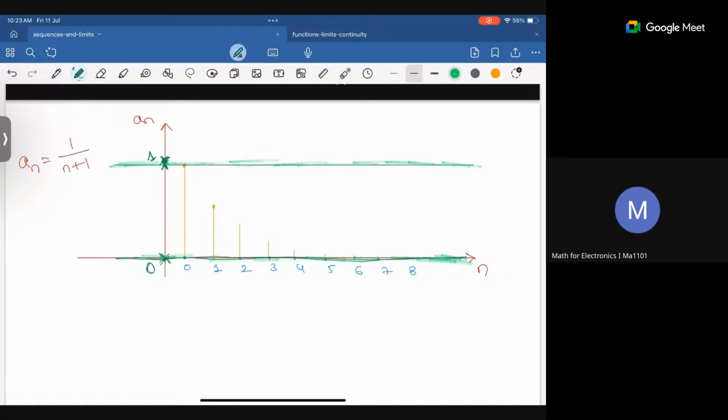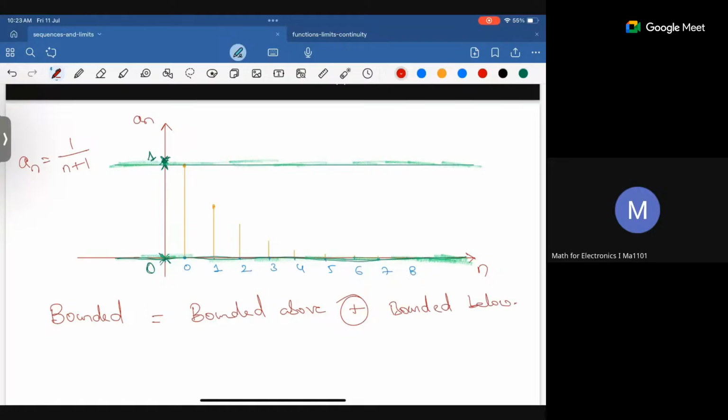So when do I say a sequence is bounded? A bounded sequence means it is bounded above as well as bounded below. I need to have boundedness on both sides, above and below. Only then are such sequences called bounded sequences.